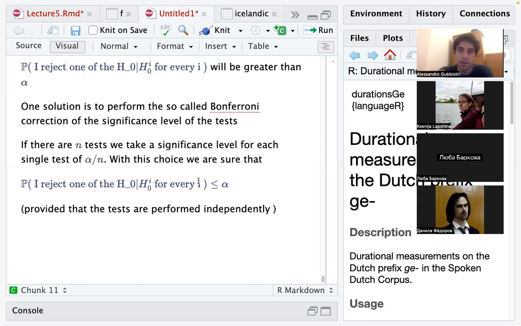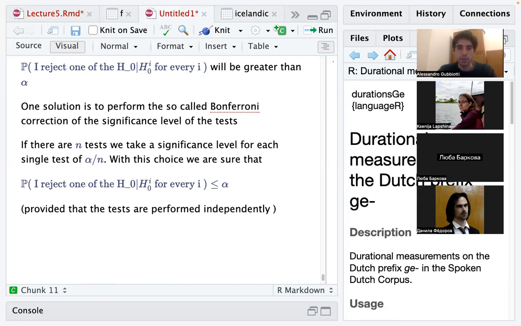But if they are independent, and each one is with a significance level of alpha divided by n, I'm sure that the probability of accusing somebody while they are not doing anything is smaller than alpha, and the computations are actually easy. Well, maybe let's keep them for later if we have time.